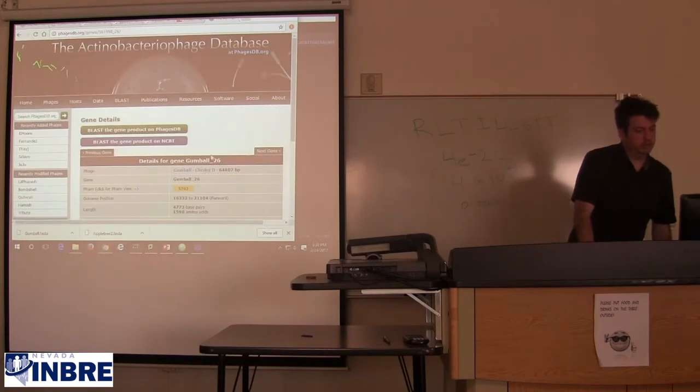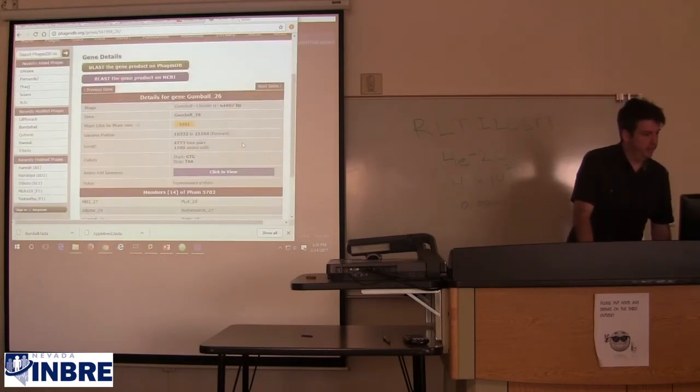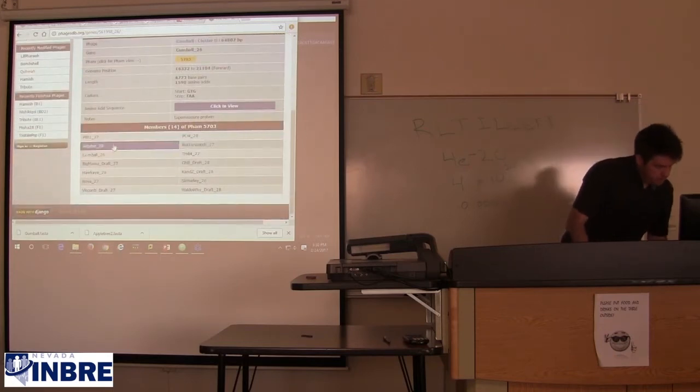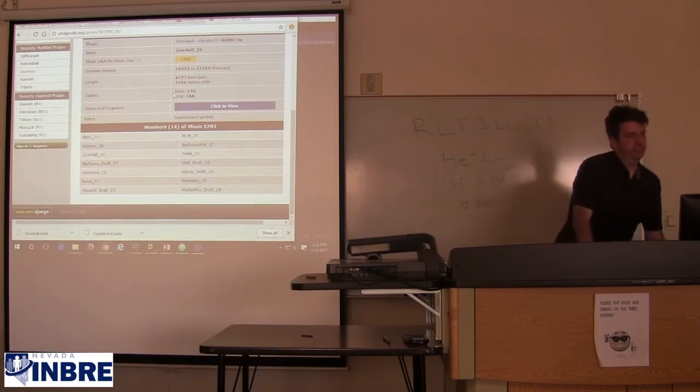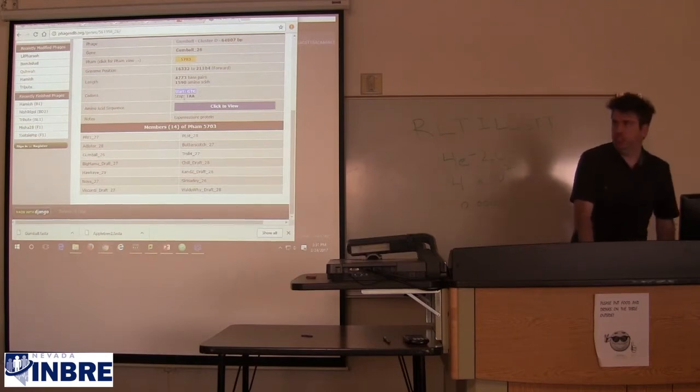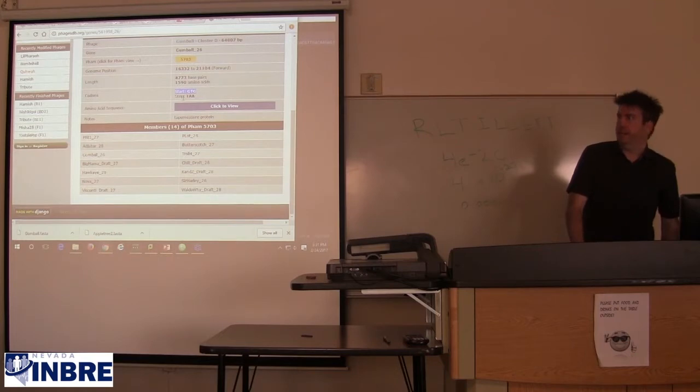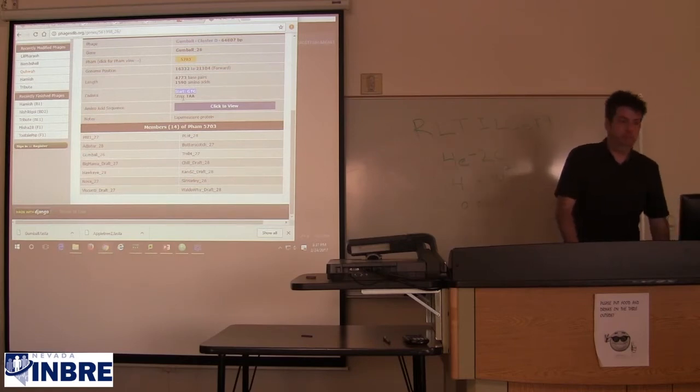There's a little bit of interesting information that I glanced at when I was preparing all of this: this gumball 26 gene is recorded to have GTG as a start codon, as opposed to the normal or expected ATG, which encodes a methionine in most cases and is the usual start site.